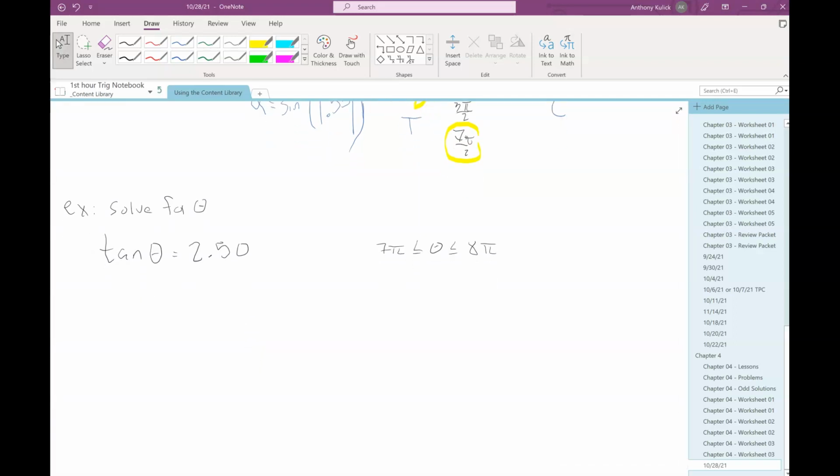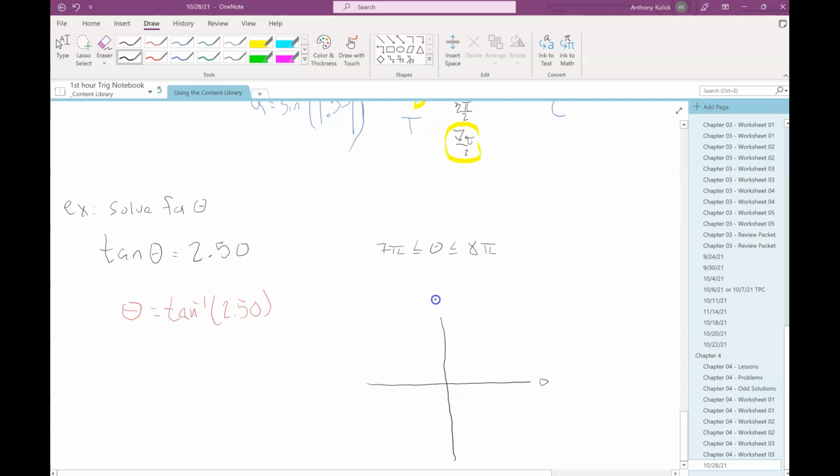All right, so we'll take the tangent inverse of both sides. And I'm going to skip some of the algebra there, writing all that down. You guys good with that? Okay. Then I'm going to draw my picture.